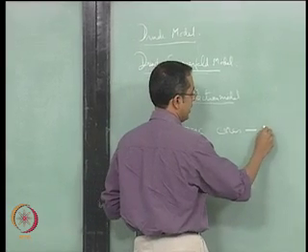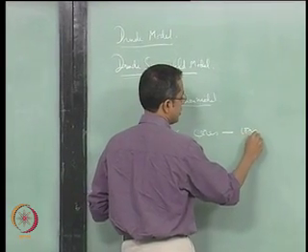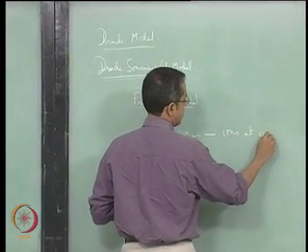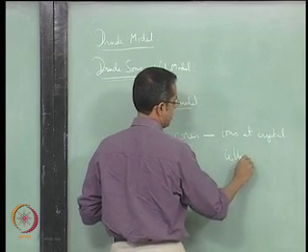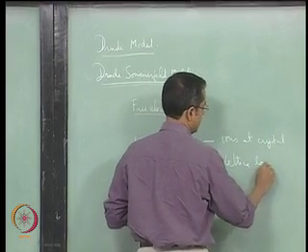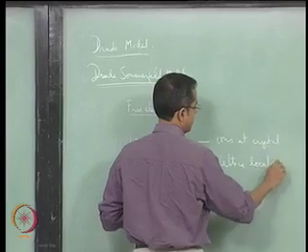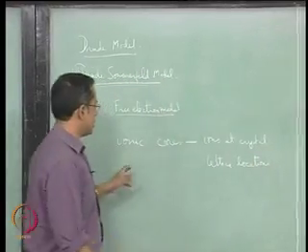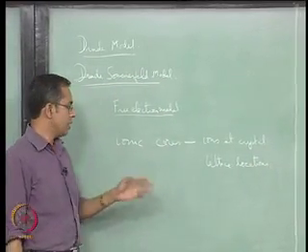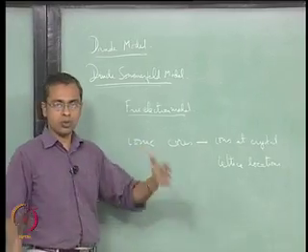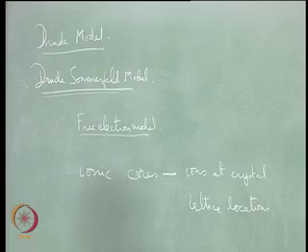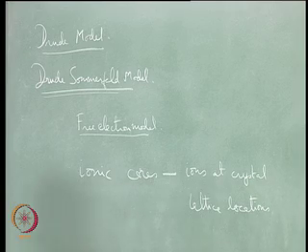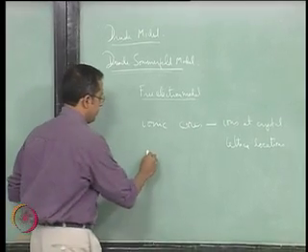These are the ions at crystal lattice locations. So in our solid we have a framework of these ionic cores, ions sitting at crystal lattice locations, and we have a free electron cloud around it.